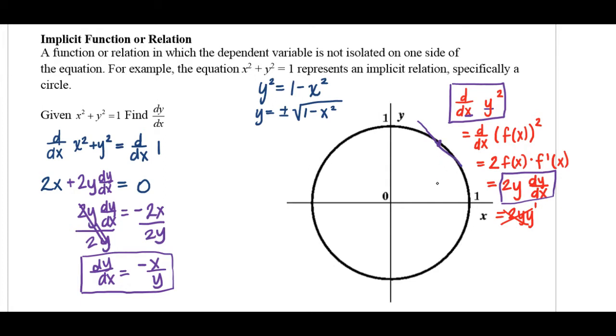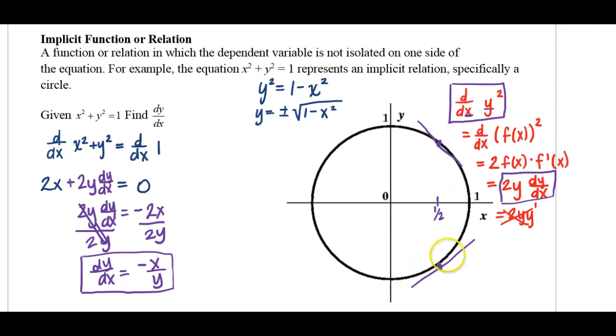If I were to only look at this particular x value, let's say it was 1/2, and I were to just substitute 1/2 into the x value, if this derivative was just in terms of x, how do I know that I'm finding the slope of the tangent line at this point or the one down here at this point?